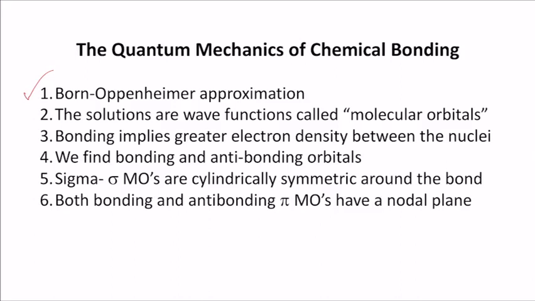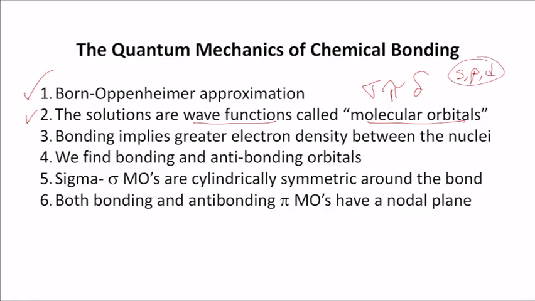Then the next thing that we learn is that the solutions to the H2 plus case are wave functions called molecular orbitals. Those molecular orbitals are known as sigma, pi, and delta, which, if you remember from atomic orbitals, come from S, P, and D. That's where they got sigma, pi, and delta.